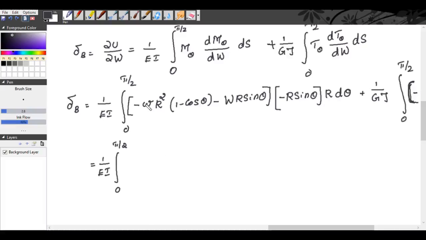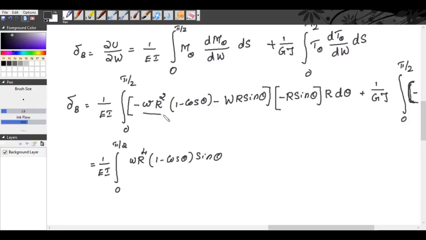So we get minus into minus plus, so plus W R raised to 4 into 1 minus cos theta into sin theta.